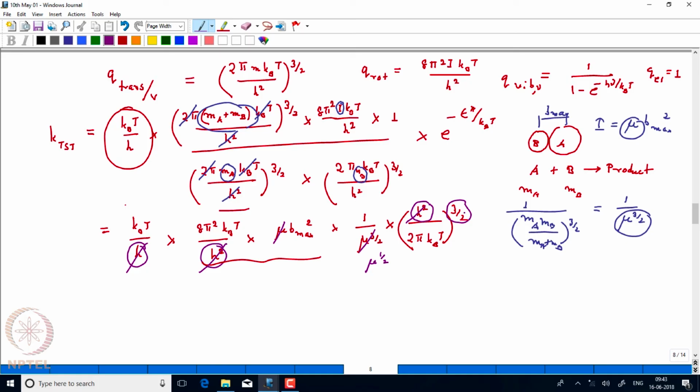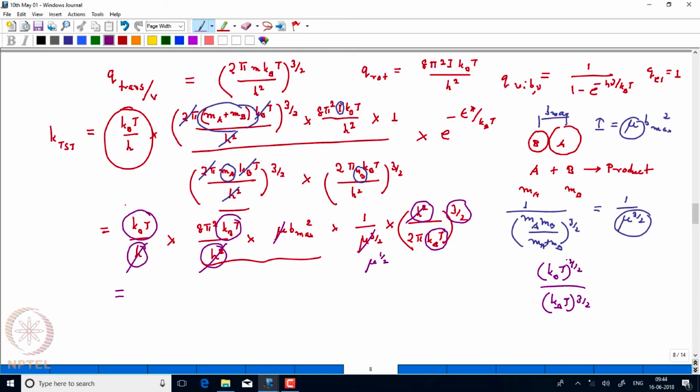So let us look at the kBT terms first. I have kBT here, I have kBT here, so I have overall kBT squared, and then in the denominator I have kBT to the power 3 by 2. So kBT squared, you can think of it as kBT to the power 4 by 2, divided by kBT to the power 3 by 2.